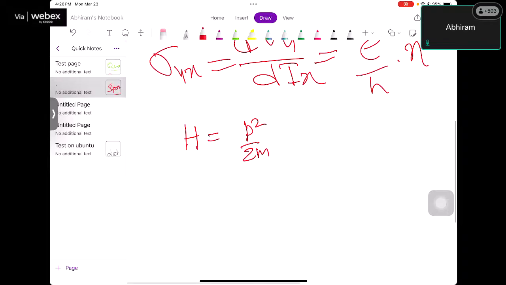P is an operator, so I can write this as minus h-bar squared del squared, or grad squared, in 2 or 3 dimensions, divided by 2m. This is the free electron Hamiltonian. The solutions of this are e to the power of i(kx x plus ky y). These are the kind of solutions that this admits.